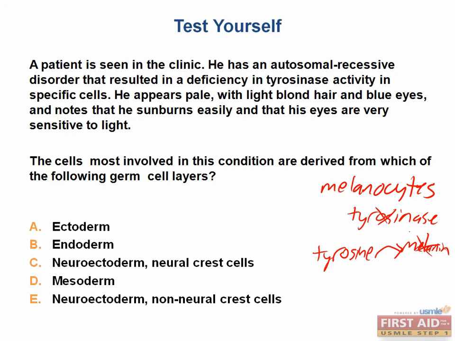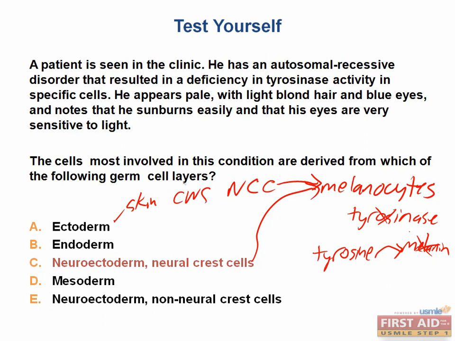So now the main thing to figure out is the germ cell layer that melanocytes are derived from. You should remember that the melanocytes are derived from neural crest cells and that they develop from the neuroectoderm. And that is your answer, C. Now, ectoderm develops into the skin as well as the CNS.